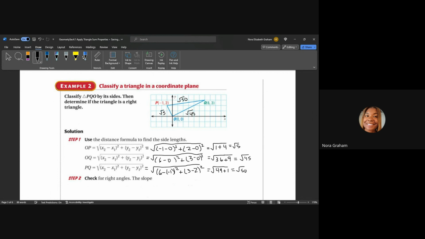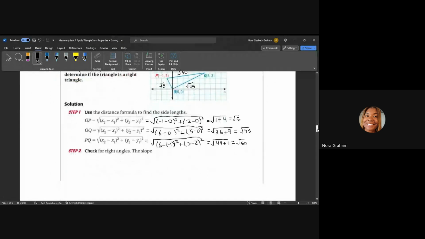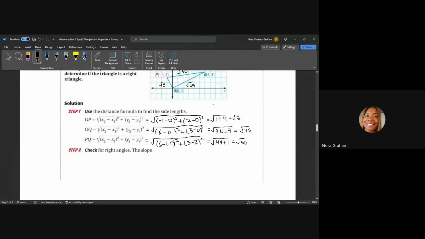Okay. And we'll note that down at the end. Or I'll put it right here. Let's put scalene. Just to note it down. All right.